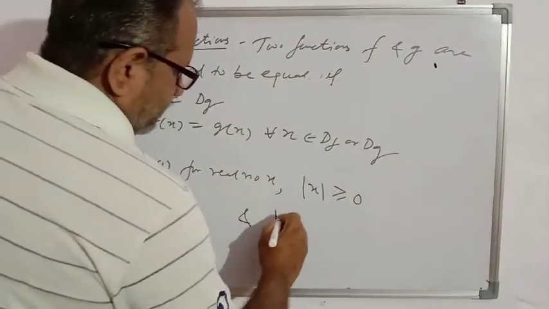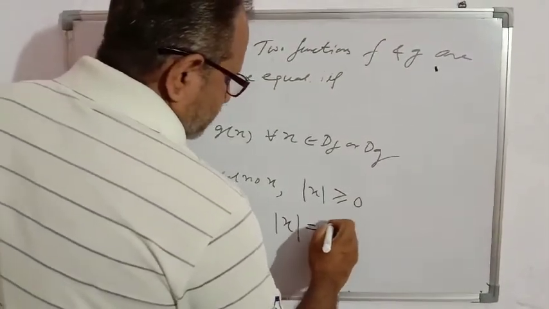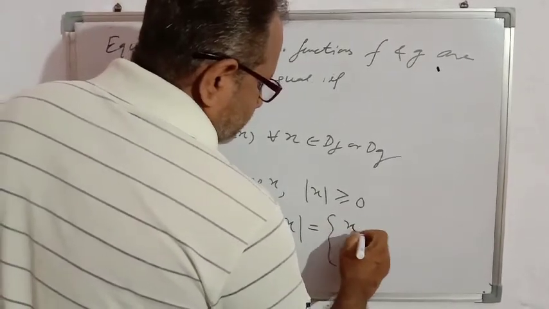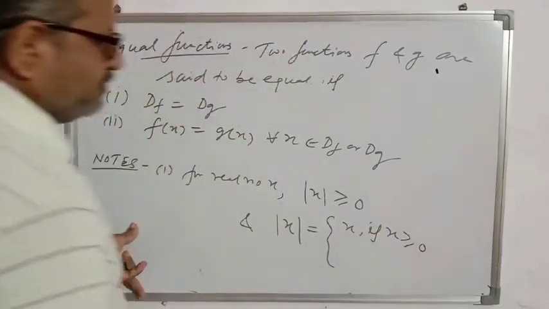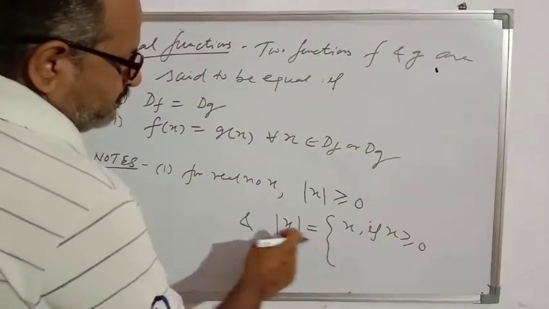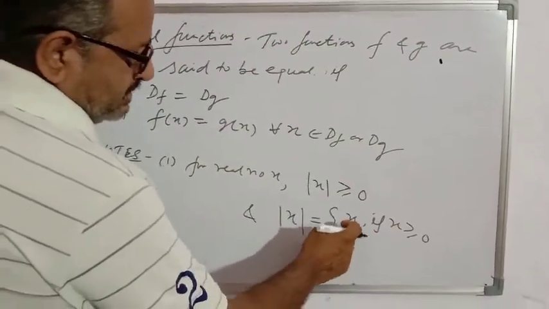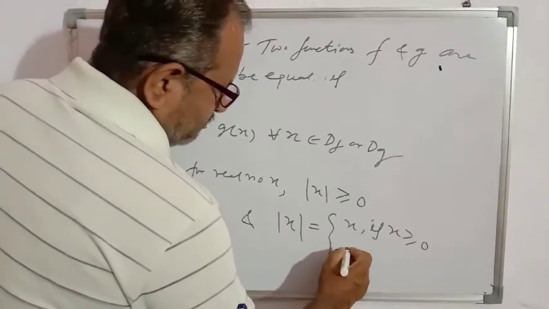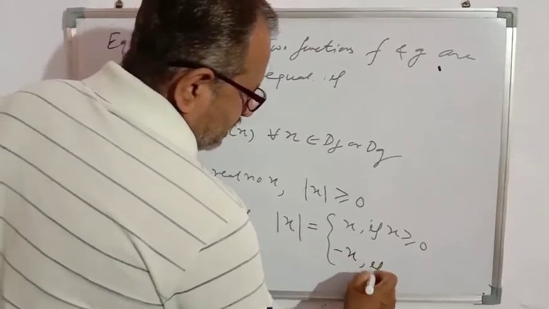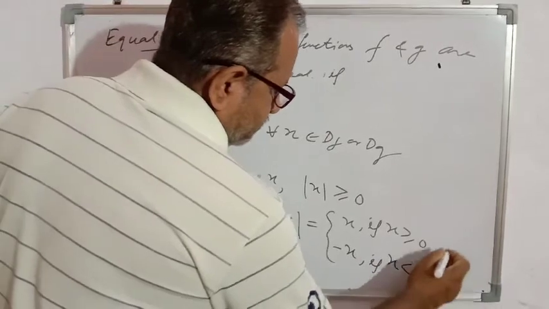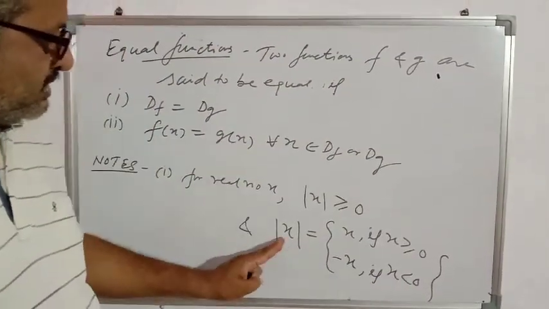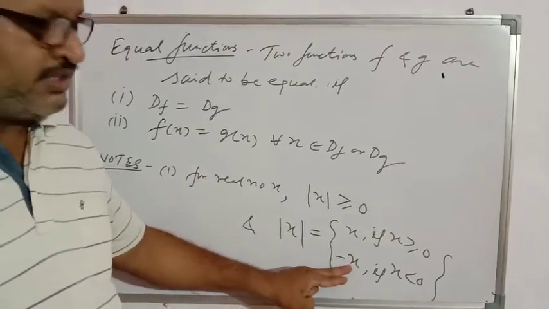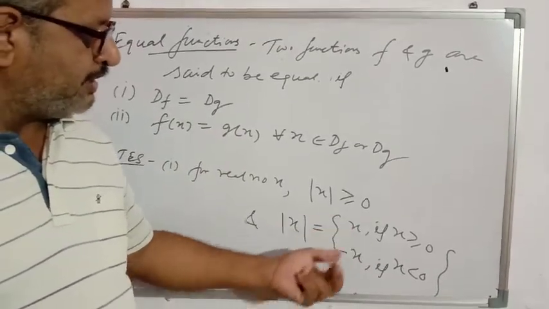And we also write it, mod of x is equal to x if x greater or equal to 0. Means if x is positive, then mod of x will be x. And mod of x will be minus x if x less than 0. So if x is negative, in that case mod of x we will write minus x, so it will become ultimately positive.